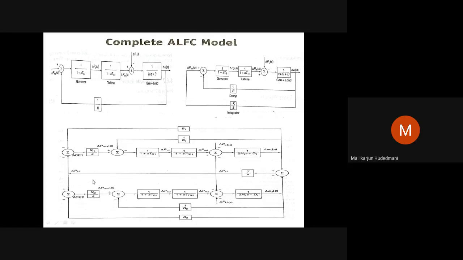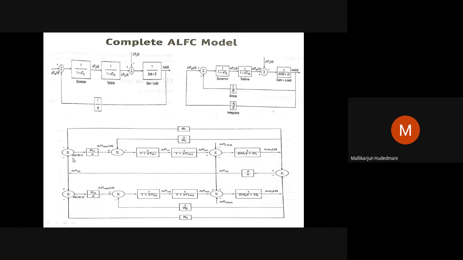You will see this once more; I'll come back to this diagram. The ACE of area 2 will shift the reference point. Automatically, the governors in this area try to bring the drop in frequency back to steady. This is how this integral controller, which is installed just behind the P reference point, obtains the error from the area.